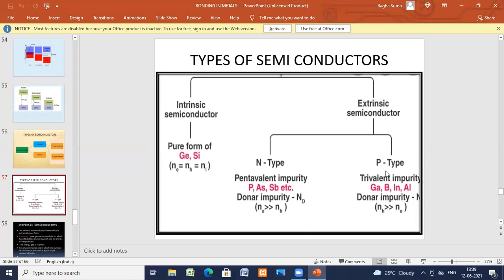And P-type is due to the positive holes. Now, pentavalent impurities are doped, for example phosphorus, arsenic, antimony, etc. These are donor impurities. Nd is more than Na. Electrons are more than holes. The number of electrons is more than the number of holes.